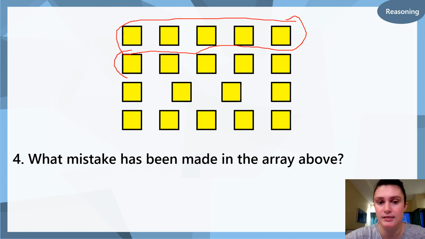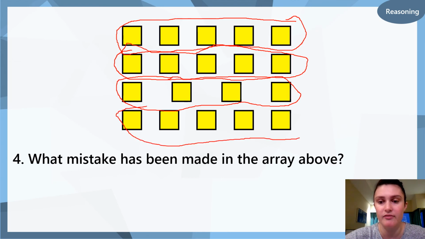I want you to look at the second row. Is there a mistake in the second row? Have a look at the third row. Is there a mistake in the third row? And then have a look at the fourth row and tell me if there's a mistake in the fourth row. When you have found the mistake, I want you on your paper to tell me what is the mistake and what happened. Why is there a mistake? What's the problem?